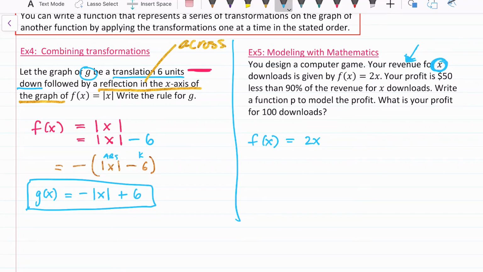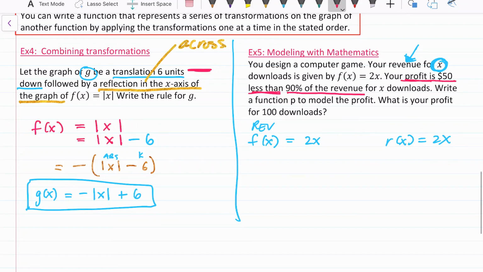Now, it says your profit, so now we're going to be doing profit, is $50 less than 90% of the revenue. So we have to do 90% of the revenue first. So this is revenue. They should have used r of x. That would have been nicer because it would be easier to understand if you did r of x is equal to 2x. Then the profit is $50 less than 90% of that.